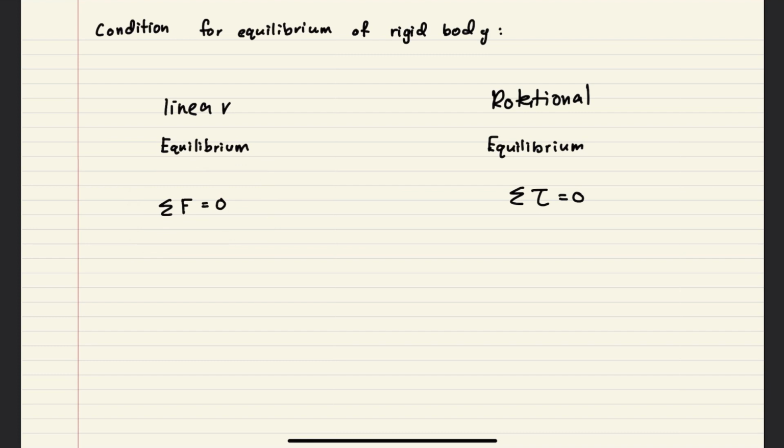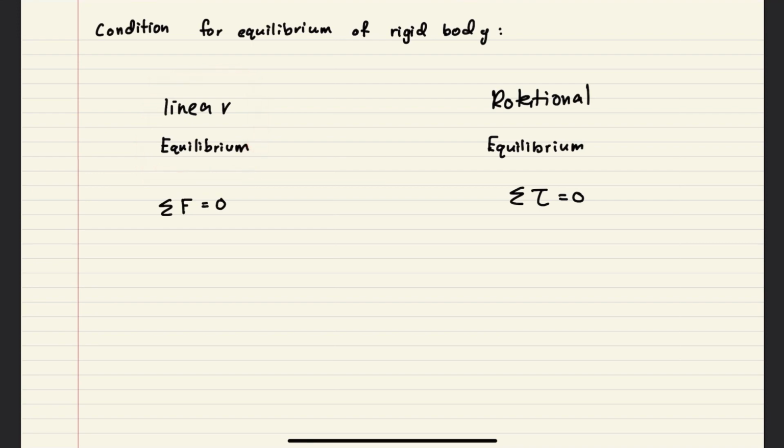Okay, so similarly for torque, we have a condition for equilibrium. Again, the rigid body is simply because the body is rigid, I mean it doesn't change in shape. So if you are focusing on the equilibrium part, obviously if an object is at equilibrium, it has to obey these conditions. Number one, in terms of linear.